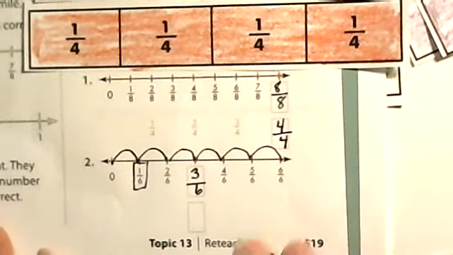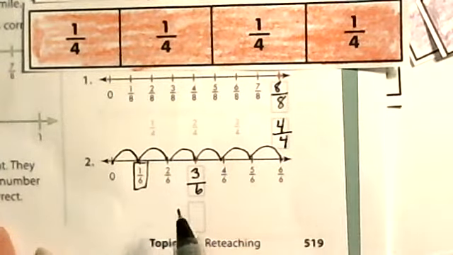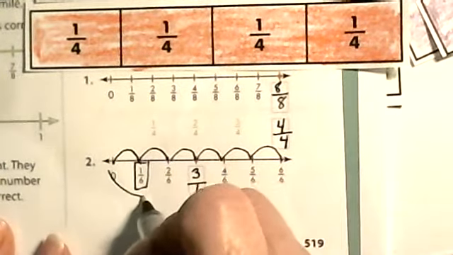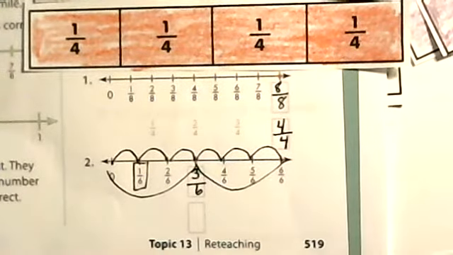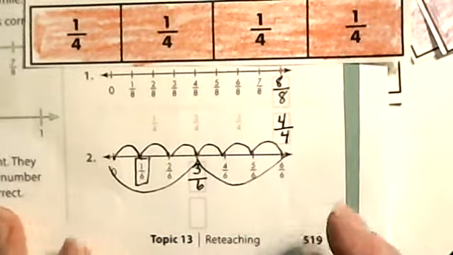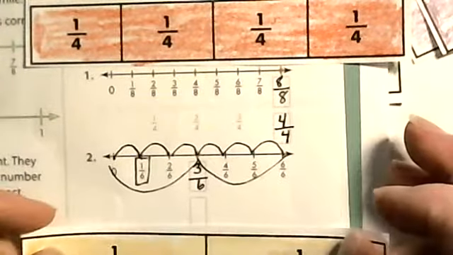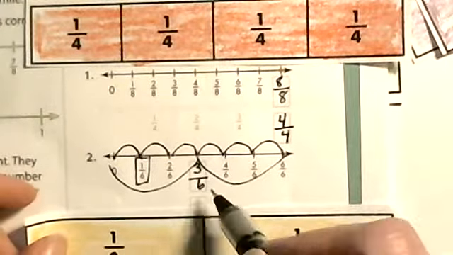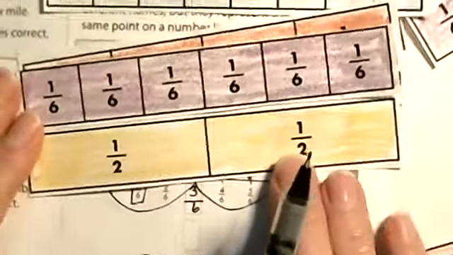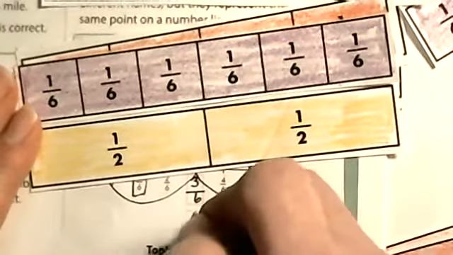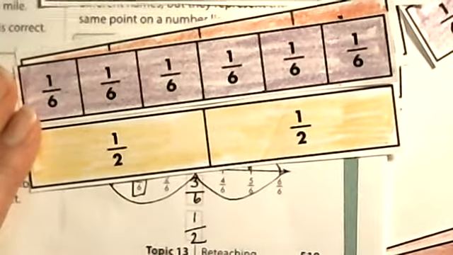Okay? Now what if we broke this up into just 2 parts? If you broke it into just 2 parts, those 2 parts are called halves. 3/6 is the same or equivalent to 1/2. You see that? So we could also put 1/2.